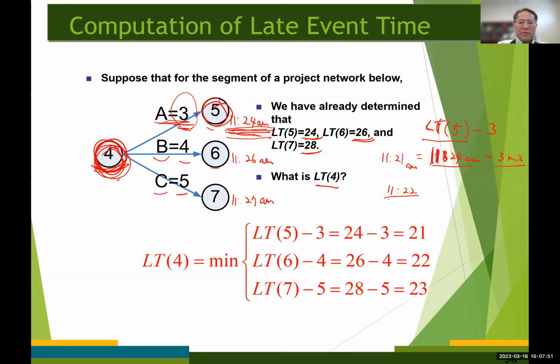Is that correct? Similarly, if event number 4 occurs after 11:22, this is from 11:26 minus 4 minutes. So 11:26 is from here, and 4 minutes is from here, right? So this is the same as LT6, the latest time for event number 6, minus 4 minutes, right?